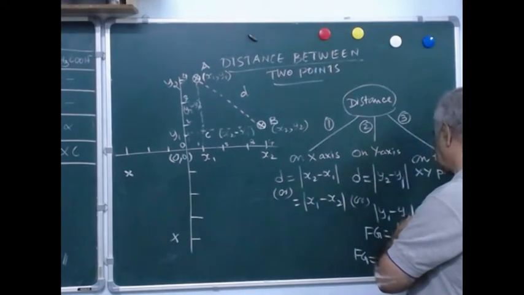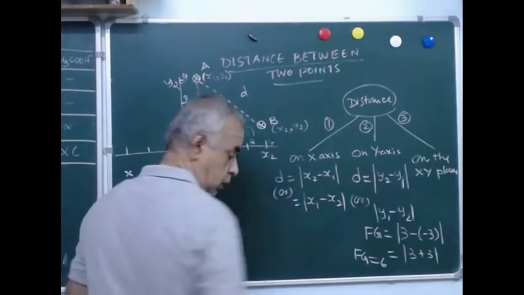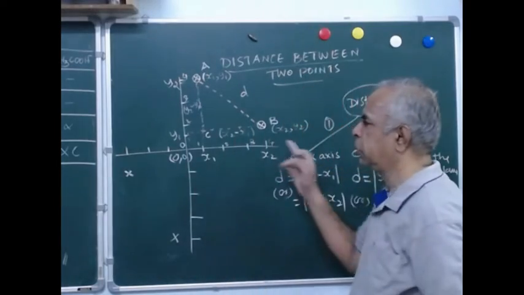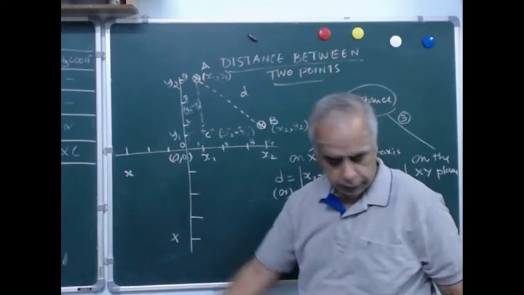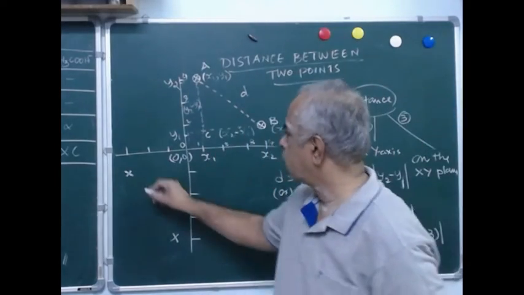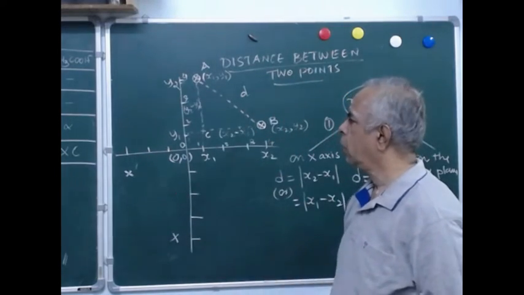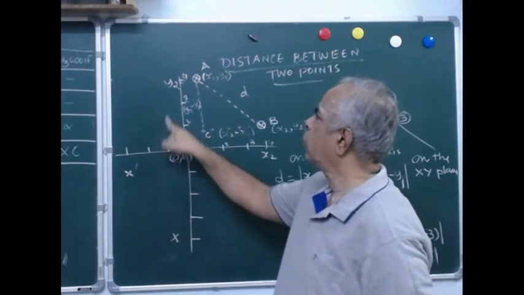I'll try to explain how to get that. Now let us consider, are you able to see this Cartesian plane? So this is X dash, meaning the x-axis, that you know. X dash, Y dash. Here I have taken x1, x2 and y1, y2.